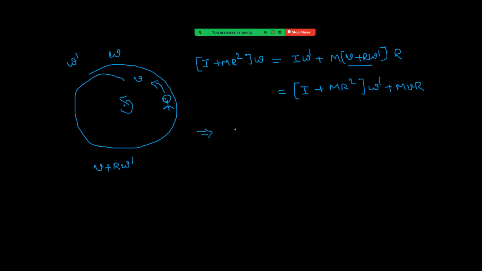From this, see what we can write: omega dash equals omega minus M v r upon I plus M r square, right? So the main thing we have to identify is what the system is. Here the system is the platform plus boy, right? In the earlier problem, it was platform plus boy plus ball.